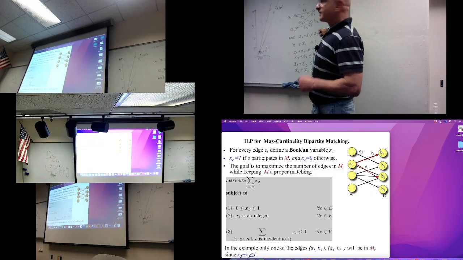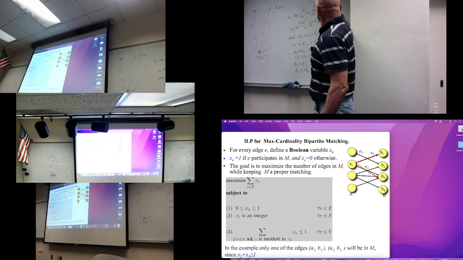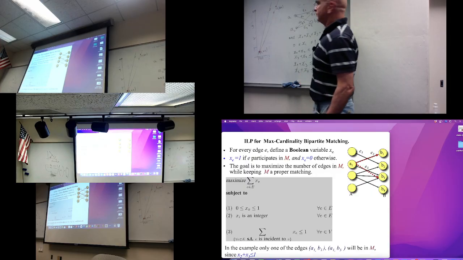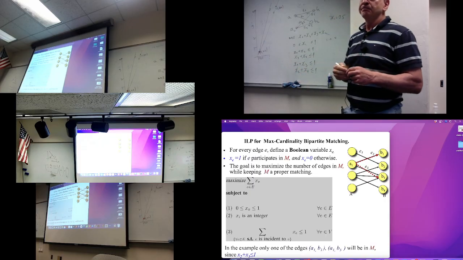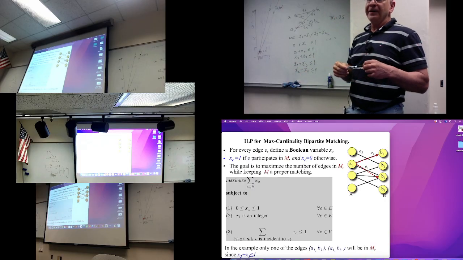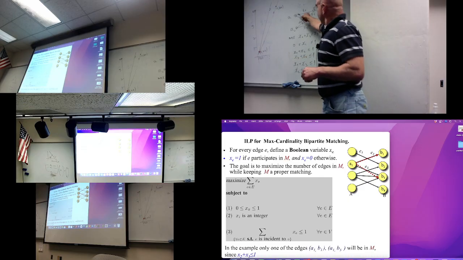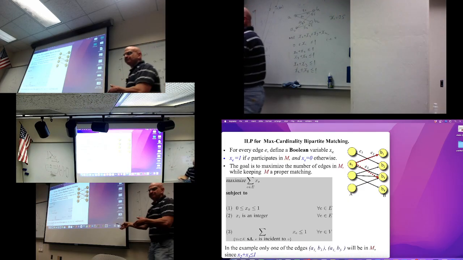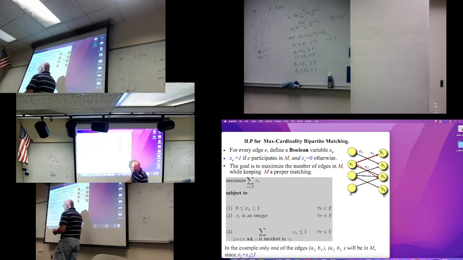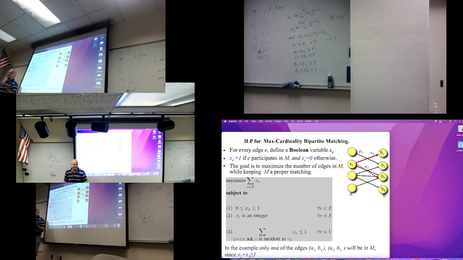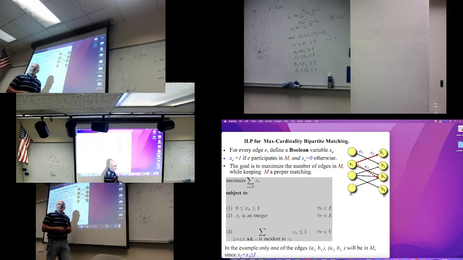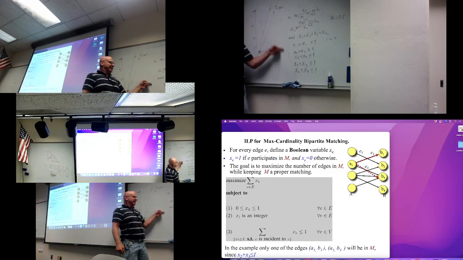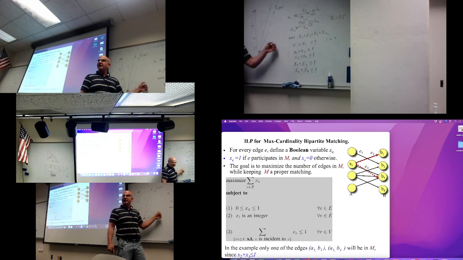Each edge, so xi equals 0.5 for each one of the i's. If you interpret it as a matching, you'll understand what it's half and half married to. So it's fine. That's what I'll get had I run linear programming.